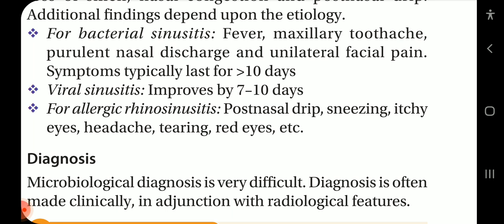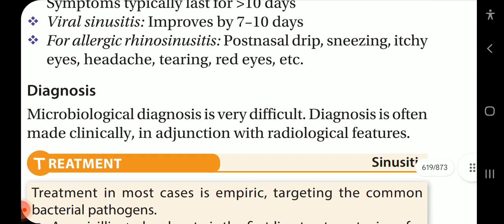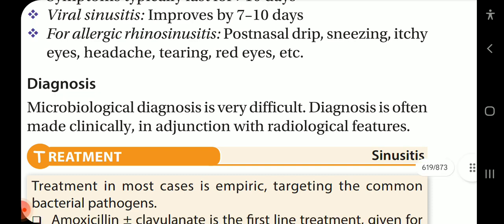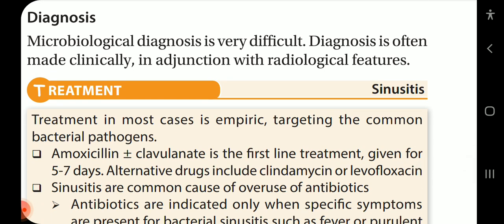Symptoms typically last for more than 10 days. Viral sinusitis improves in 7 to 10 days. For allergic rhinosinusitis: post-nasal drip, sneezing, itchy eyes, headache, tearing, and red eyes, etc. Diagnosis. Microbiological diagnosis is very difficult. Diagnosis is often made clinically in conjunction with radiological features.